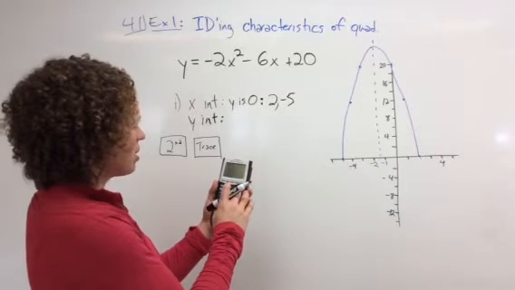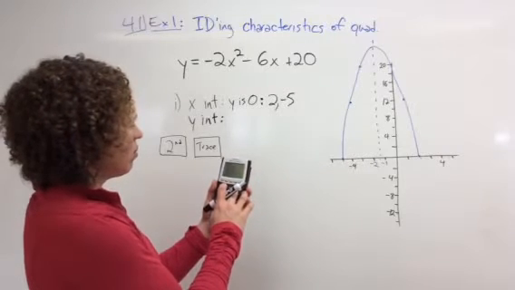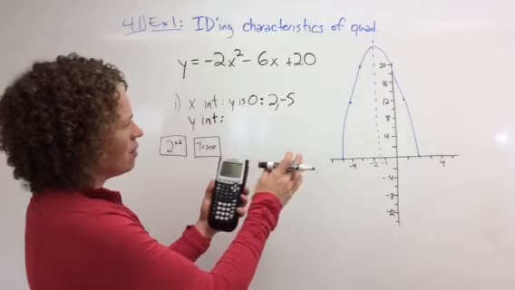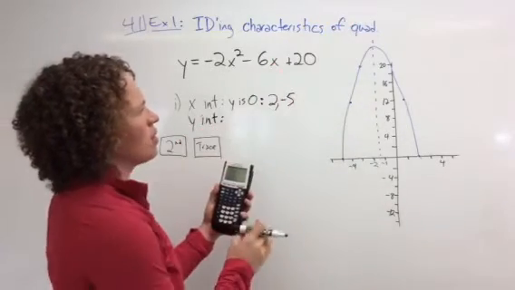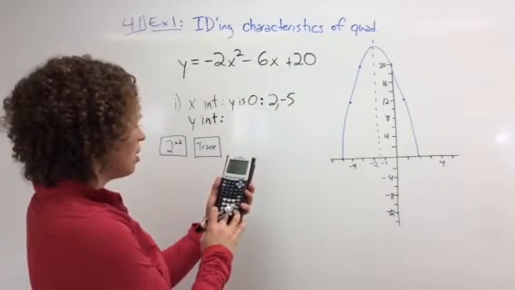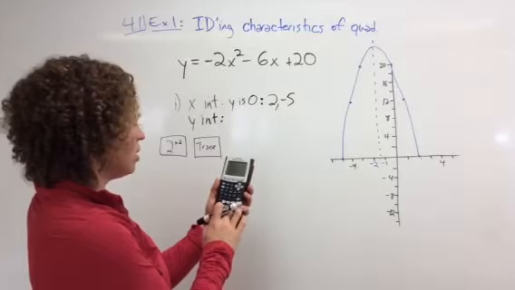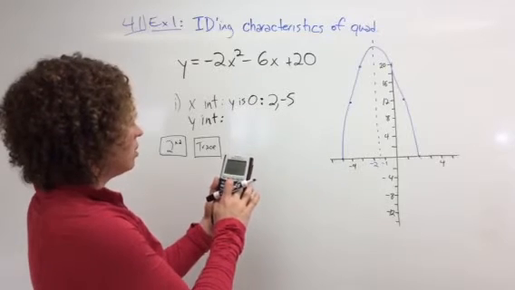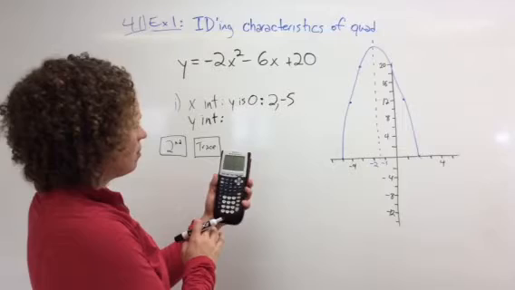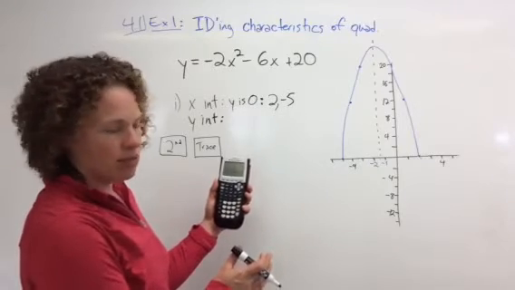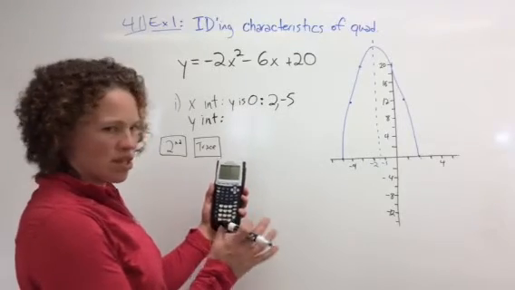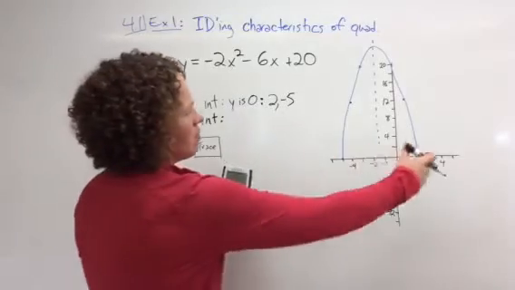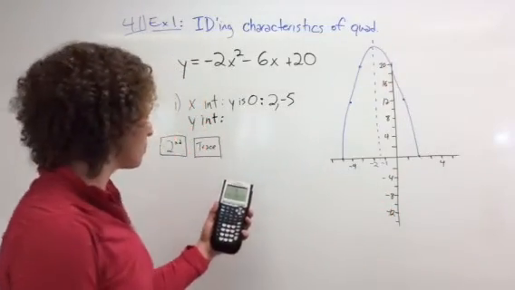My x min and max can stay where they are, but my y max is not enough. So I have to bring my y max up so that it includes 24. So I'm actually going to go to, let's try 26. I put my graph in, and all the points are on my graph. So I've adjusted my window a little bit. That just means I've adjusted what these points are.